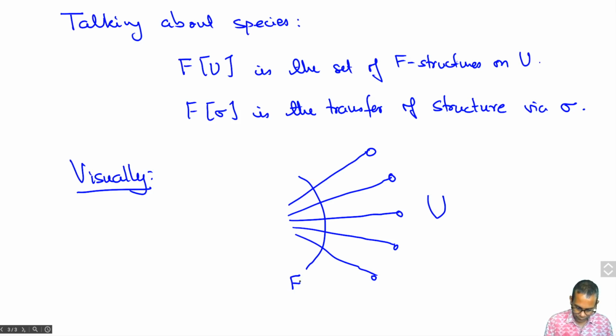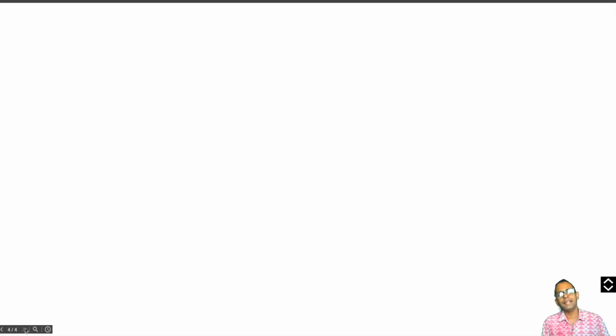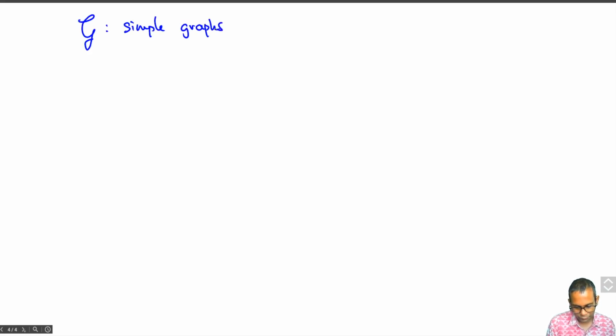Okay, so let's look at some more examples of species. You can fill in their formal definitions as you please, but these are standard examples with standard notations. So G is called the species of simple graphs. Okay, since this is the first example, let me just elaborate a little bit.